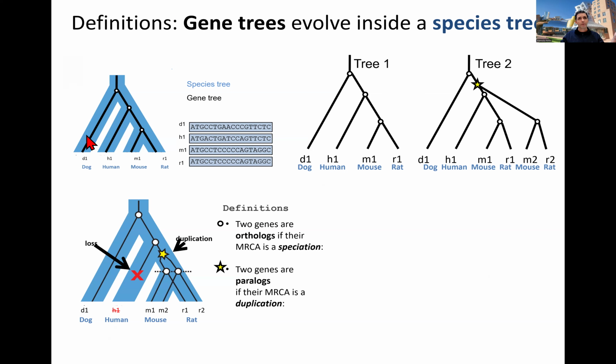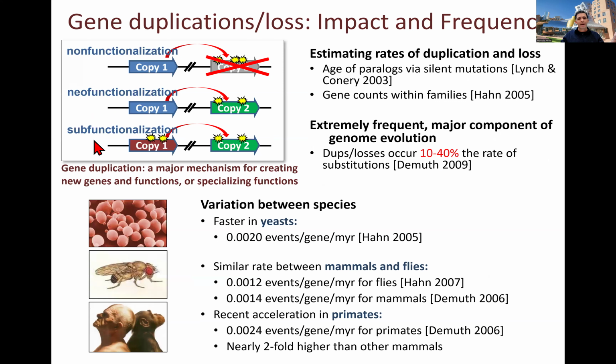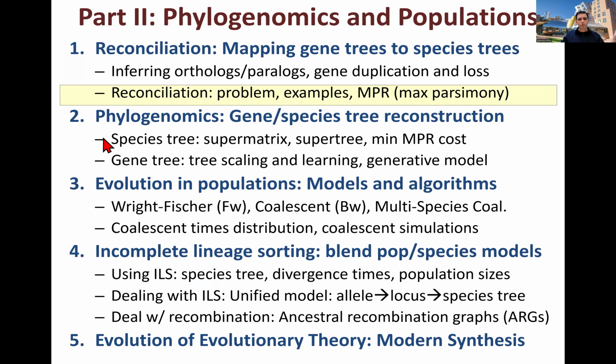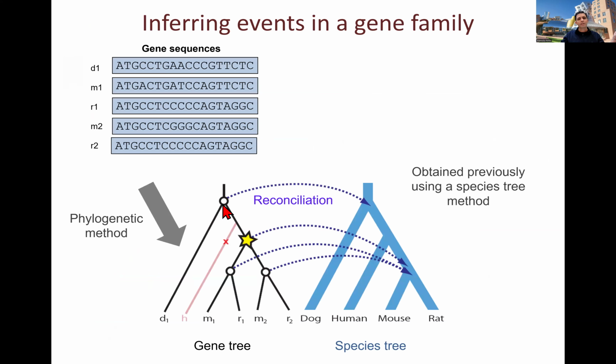And let's talk about that now. Okay? So how do I map a gene tree to a species tree? This is known as reconciliation. Basically, I have a bunch of branches labeled by species, and I'm going to reconcile them on the species branches.